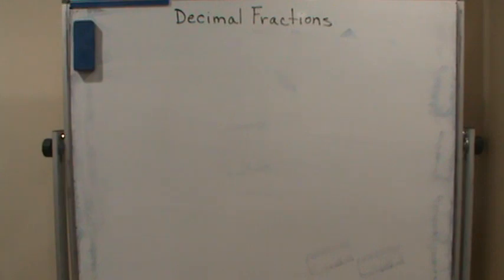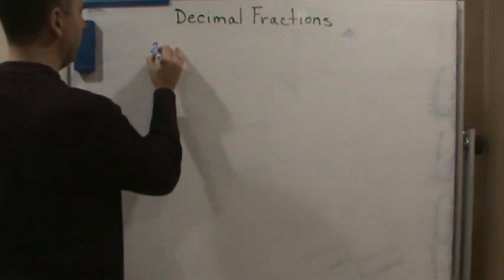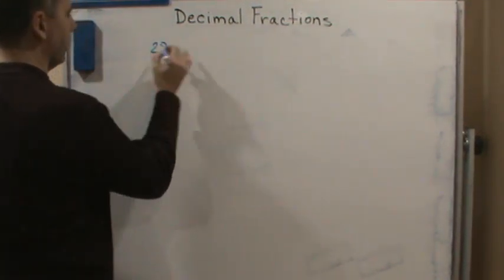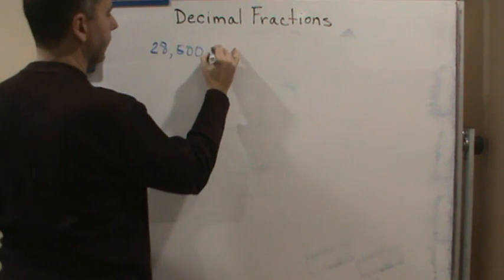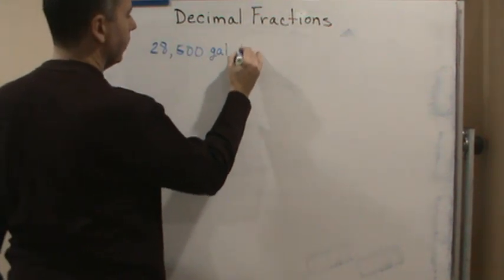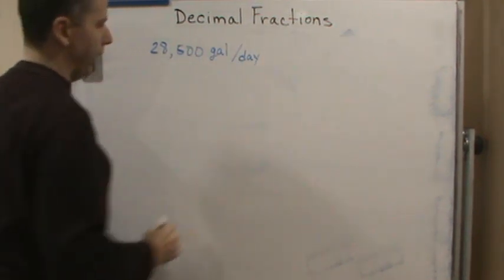Okay, well, what if we're given 28,500 gallons per day as the flow, and we need to convert that to MGD units? So we're given 28,500 gallons per day, right?